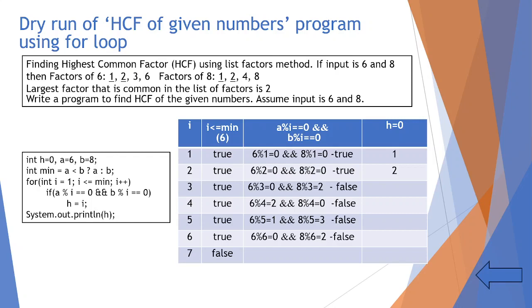Both of the conditions are not true for I 3, 4, 5 and 6. So by the time we come out of the loop, my highest common factor is 2. That would be printed. So let's see the Java program in BlueJ IDE.